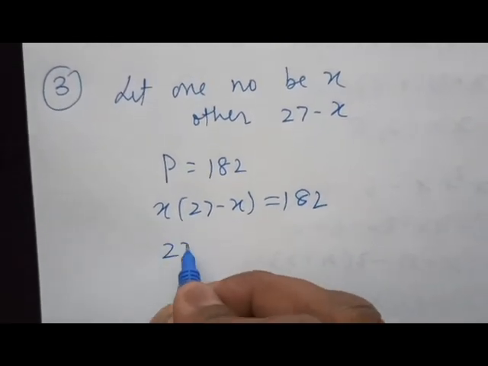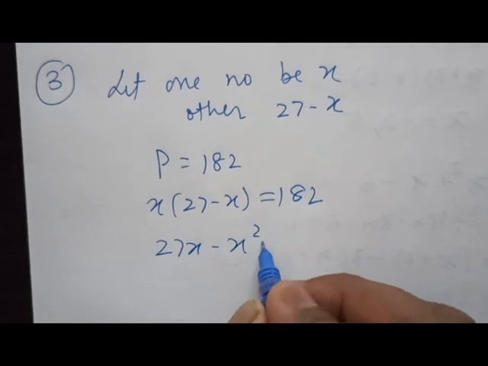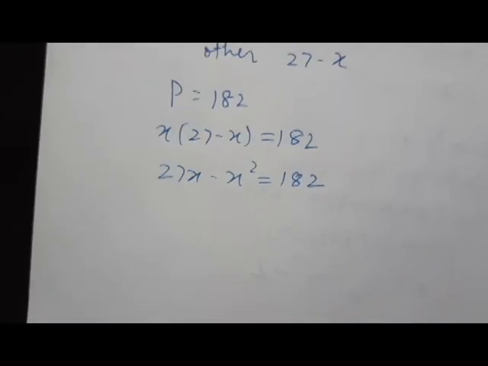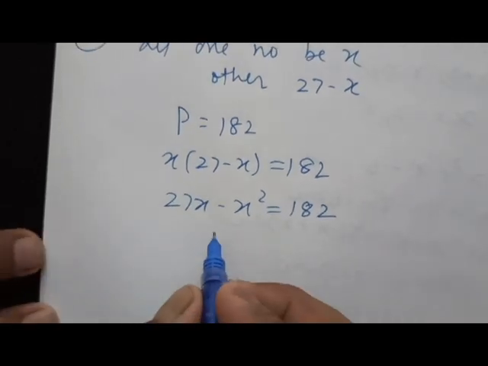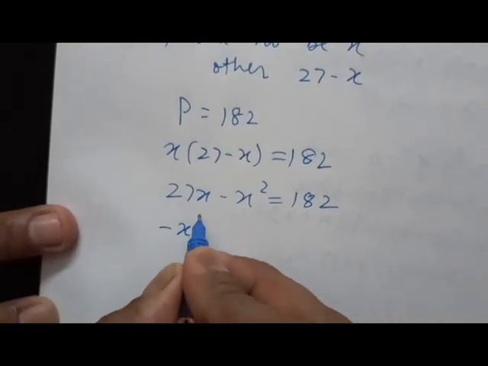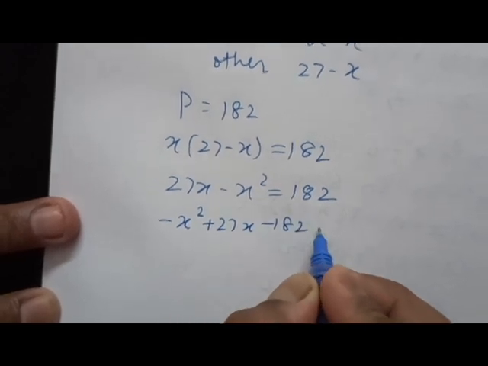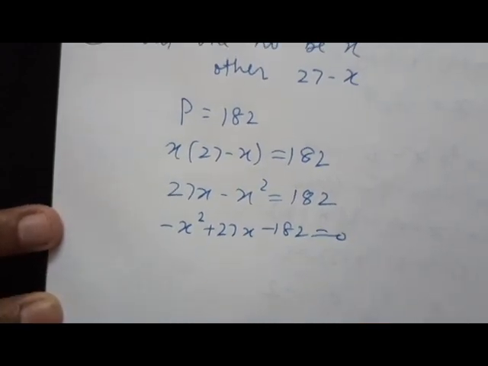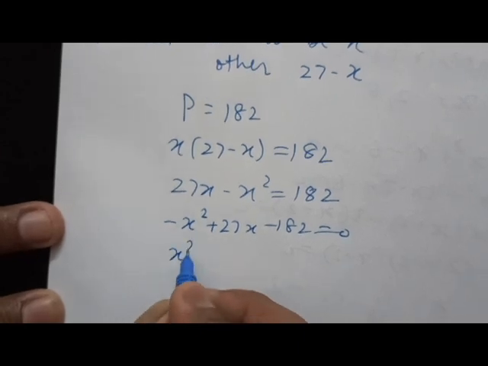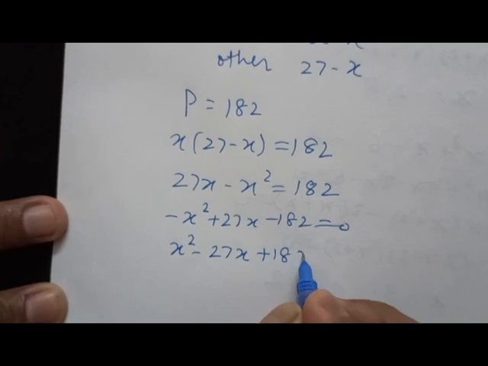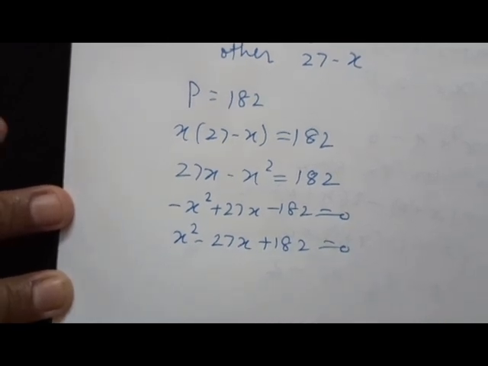We open the bracket, 27x minus x square is equal to 182. So now simplifying it further, we get minus x square plus 27x minus 182 is equal to 0. We multiply with minus 1, x square minus 27x plus 182 is equal to 0.